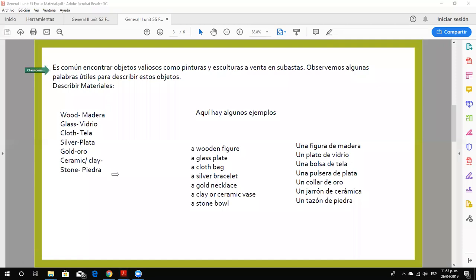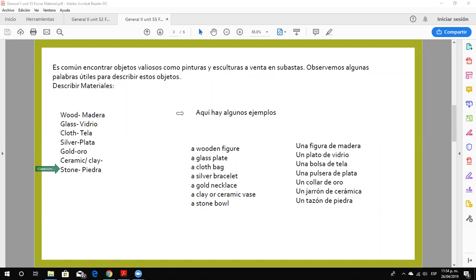It is very common to find valuable objects such as paintings and sculpture in a sell-out or in an auction. Let's observe some useful words for describing these objects. For describing materials: wood, glass, cloth, silver, gold, ceramic, clay, or stone.